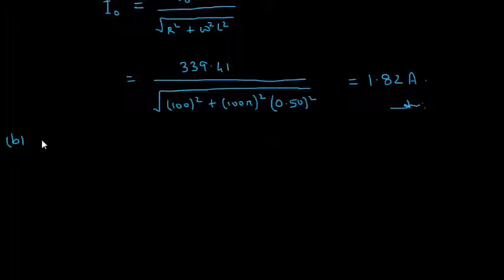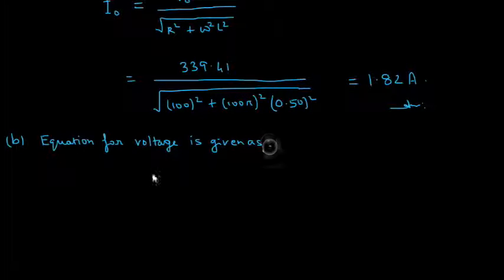Next part B. Equation for voltage is given as V is equal to V naught cos omega t.